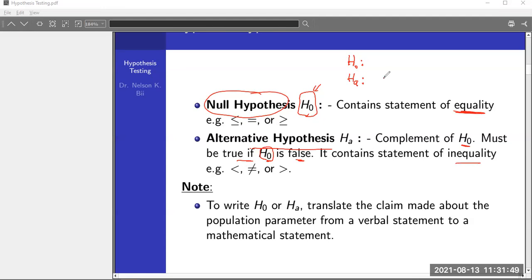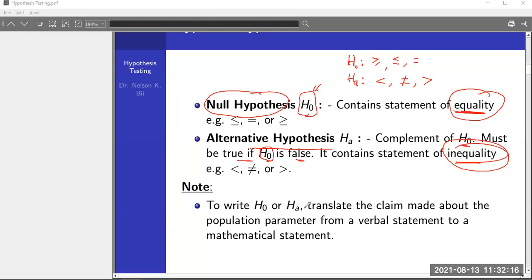So this one has got the less than, not equal to, or the greater than inequalities. But the null hypothesis contains statements of equality. So greater than or equal to, less than or equal to, or equal to. Then that is how to represent the null and the alternative hypothesis.